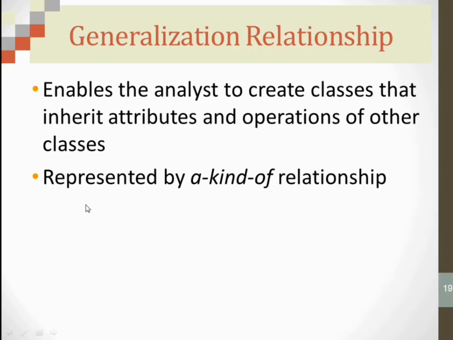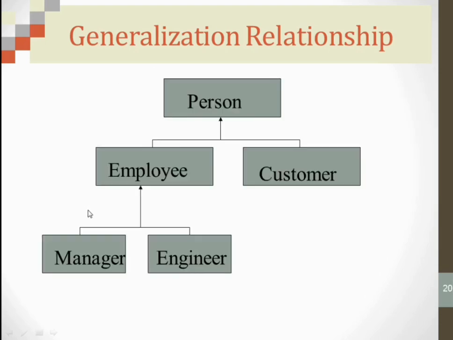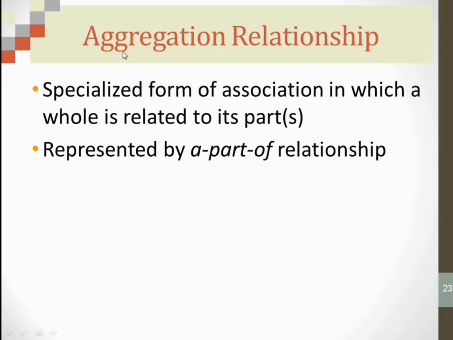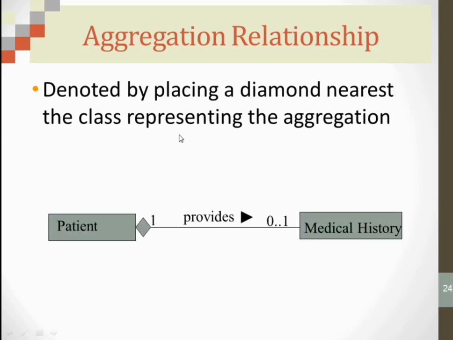Generalization is a kind of relation, for example, person and employee. We can say the employee is a kind of person. Here is another example. Aggregation is part-of, like patient and medical history, or like wheels and cars. So the wheels are part of the cars.